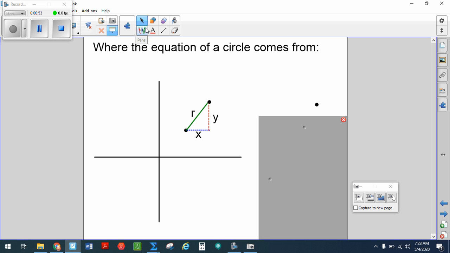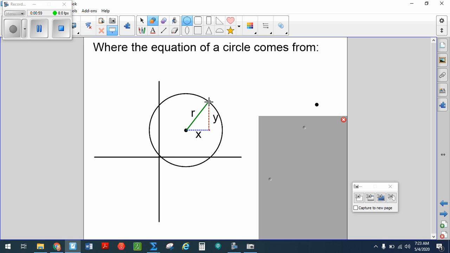And I can draw a circle from this point, which we'll call the center of the circle, out to that point. And x squared plus y squared equals r squared defines all the points that would work.